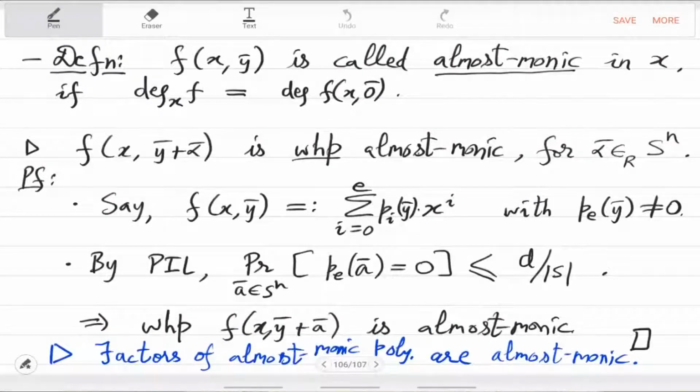Second thing we needed is we'll assume that our multivariate polynomial has a key variable x and n other variables, we'll call them y1 to yn, and we'll assume that this is an almost monic polynomial, which means that if you look at it with respect to x, then the leading x monomial's coefficient will be a polynomial in y bar, and if you set y1 to yn to 0, the coefficient will not vanish.